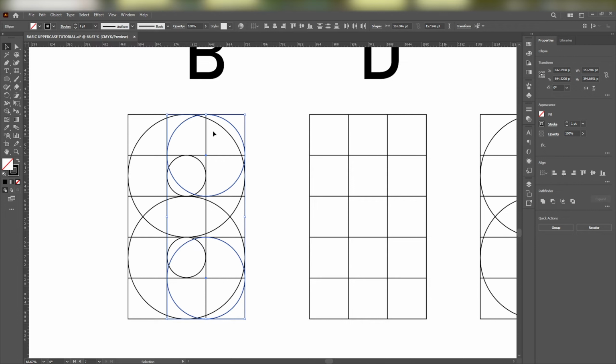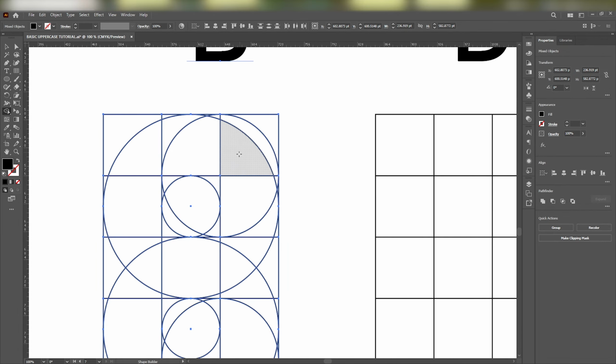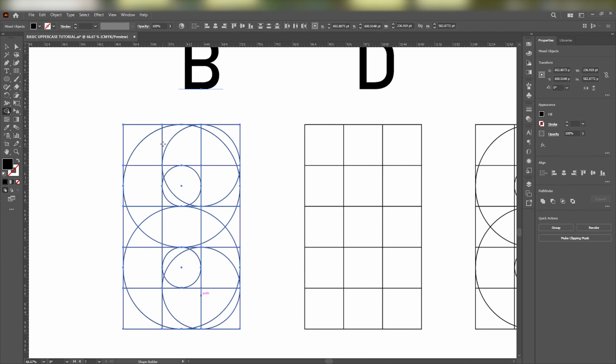So now, diving into the letter B, let's do this. The very first thing is we're going to get the very basic thing out of the way, the fact that it runs all the way to the bottom.